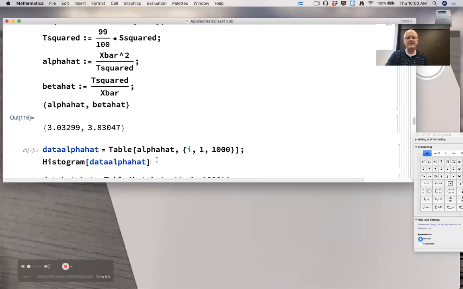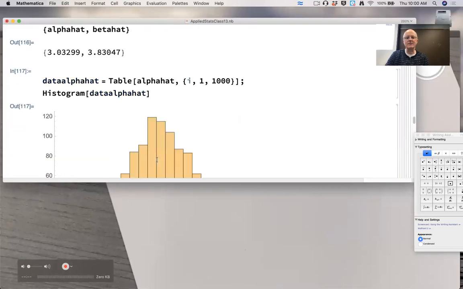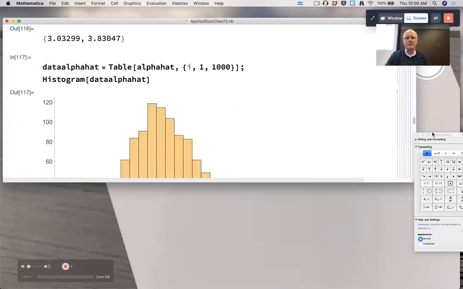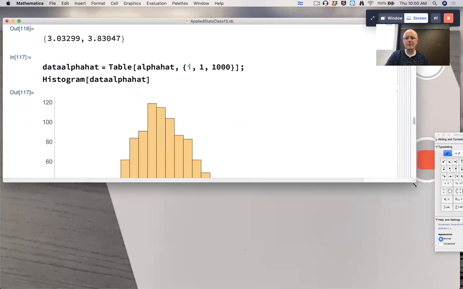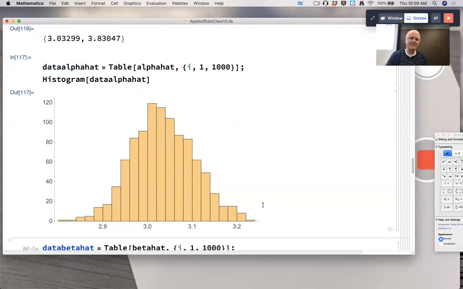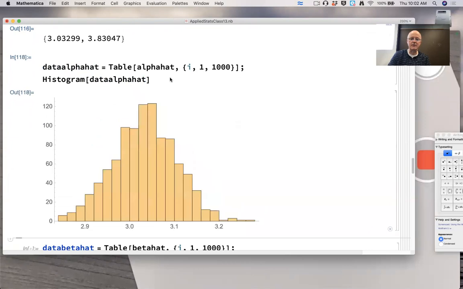If you make a histogram of the alpha hat values, you get one like that. Just looking at this particular histogram, it does seem like probably, because most of the mass of it is over here, that the mean of alpha hat is bigger than 3 for this example. But there were some examples where it was less than 3 in what we just did before.